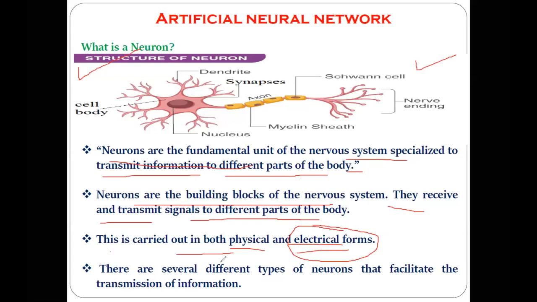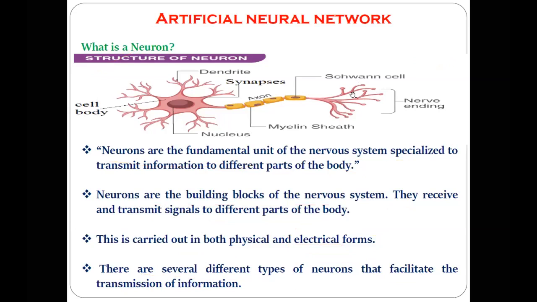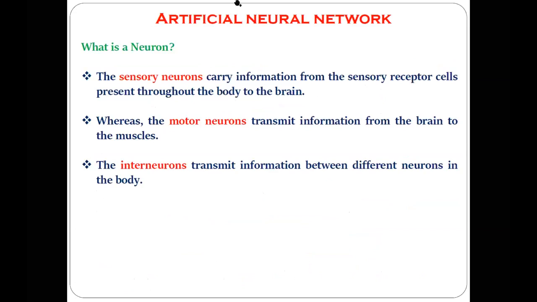There are various types of neurons present in our brain for transmission of information. Here we have taken the kinds of neurons that are there in our nervous system.